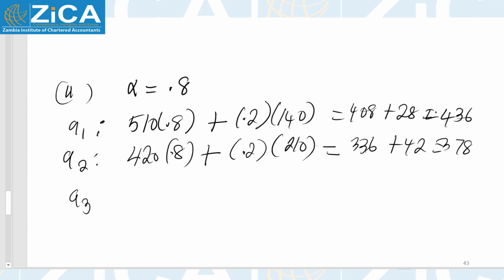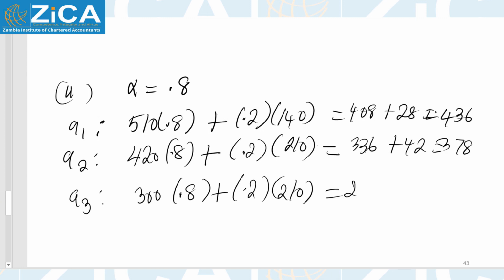On action A3, the best you can do is 300 times 0.8. The worst is 280 times 0.2. And this will be 240 plus 56. And this will give us 296. So again, you go for the maximum. What will be the maximum? A1. So invest in mining, which will give you the highest payoff.